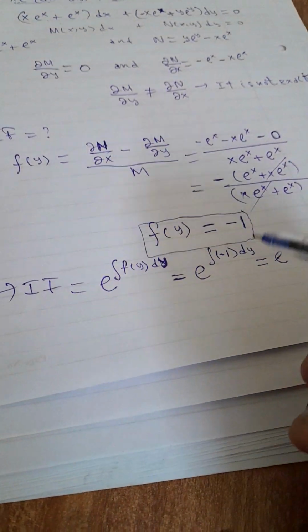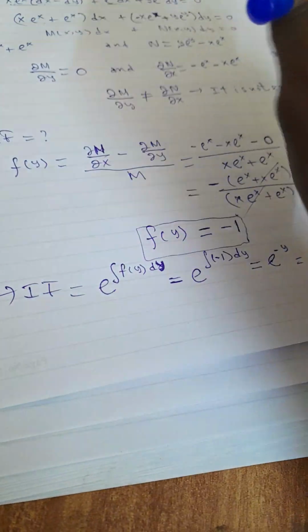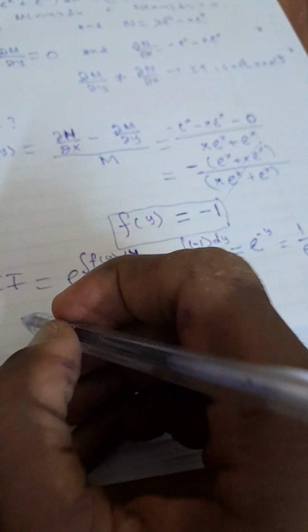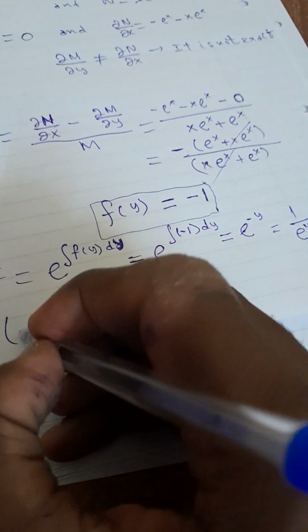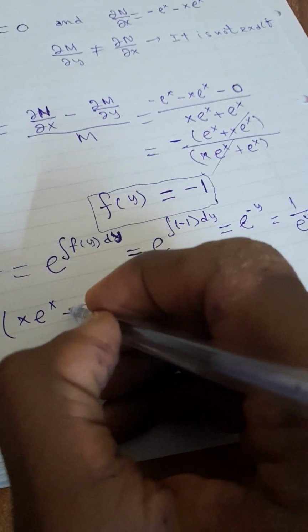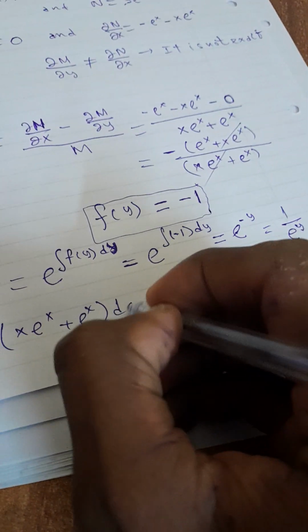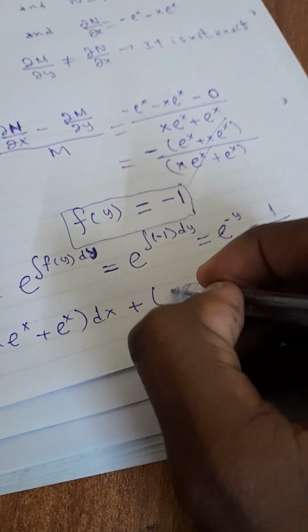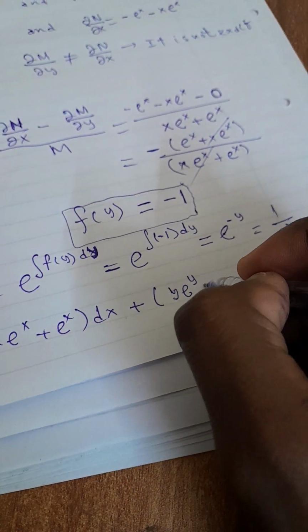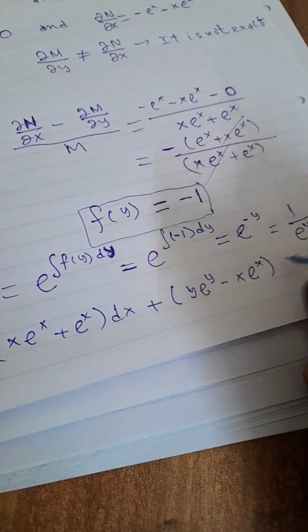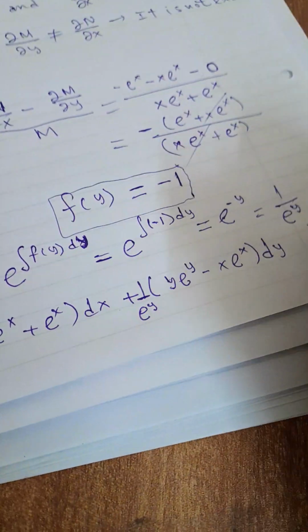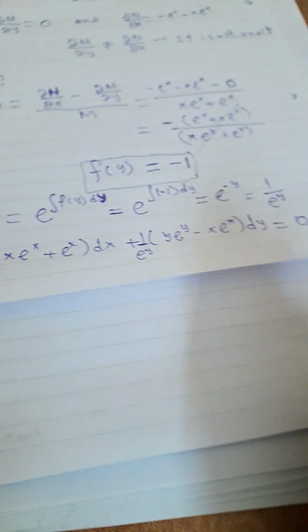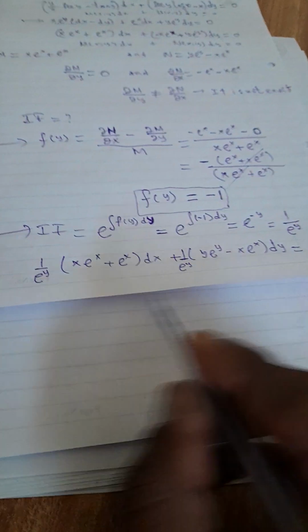Now that we know what our integrating factor is, we have to multiply the integrating factor on both sides of this equation. So the integrating factor multiplied by them, it will be e^y times (x e^x plus e^x) dx plus (y e^x minus x e^x) dy. This will be multiplied also by e^(-y), and here it is 0. Just multiply as you can see.